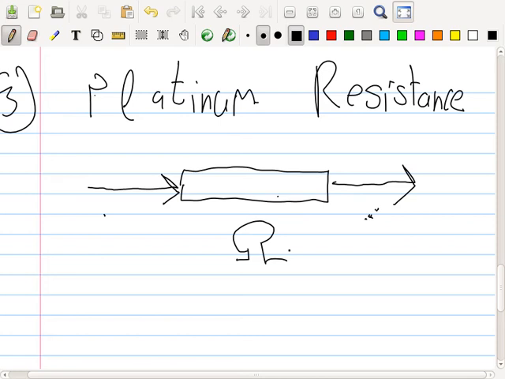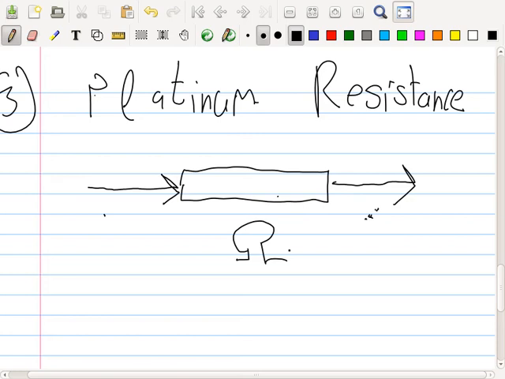Resistance and current are inversely proportional. If you increase the current, you decrease the resistance, keeping the same voltage, of course.